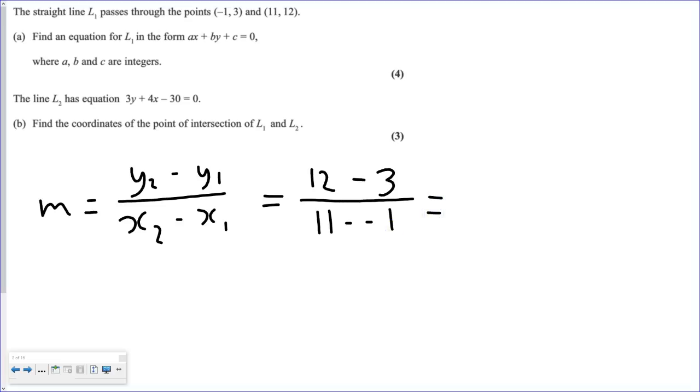On top I've got 12 minus 3, on the bottom 11 minus minus 1 just becomes 12, two negatives making a positive. You were okay to leave that as 9 over 12 because that is the gradient, but you can make life simpler for yourself and cancel it down to 3 over 4. So now I have a gradient of 3 over 4.